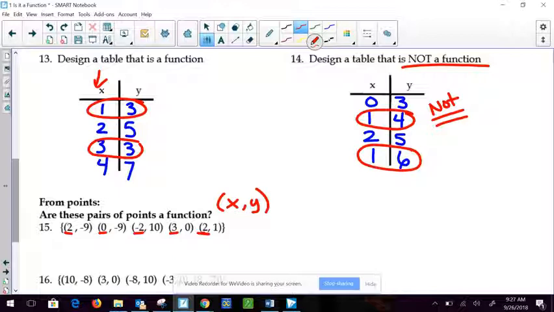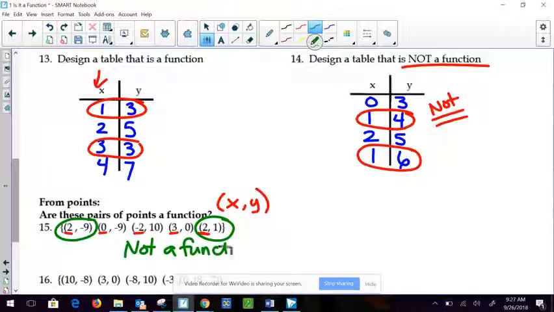So if we look at all the values that I underlined, you will see that my 2 is paired with a -9, and my 2 is paired with a 1. Oh no, alarm's going off, buzzer's sounding, lights flashing, because 2 just cheated. Because 2 cheated, this is not a function. You're not allowed to cheat. That's bad. So 2 cheated.